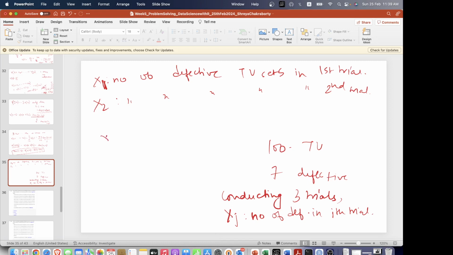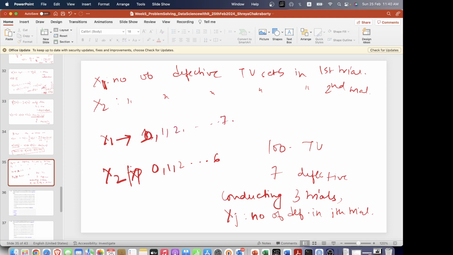If in the first trial I have already taken one defective TV set, then x2 given x1 can only take values between 0 to 6, whereas x1 can take values between 0 to 7.